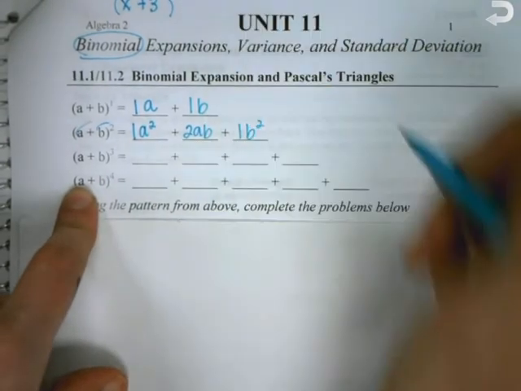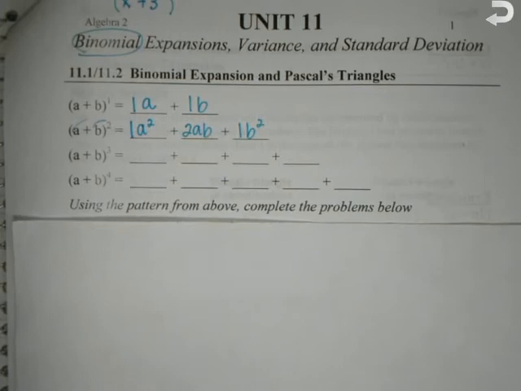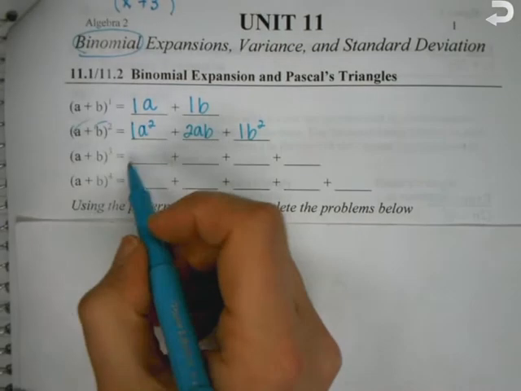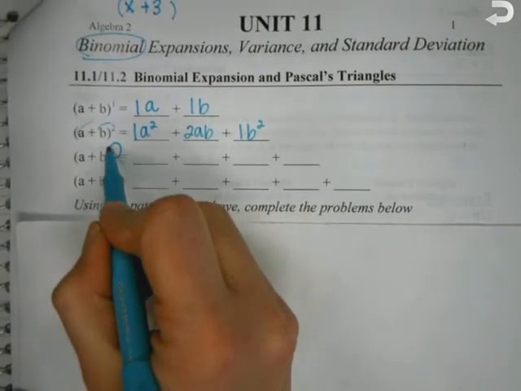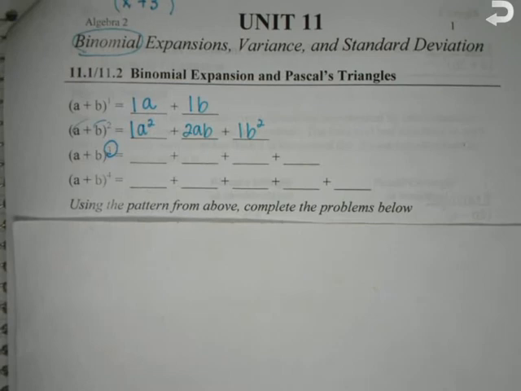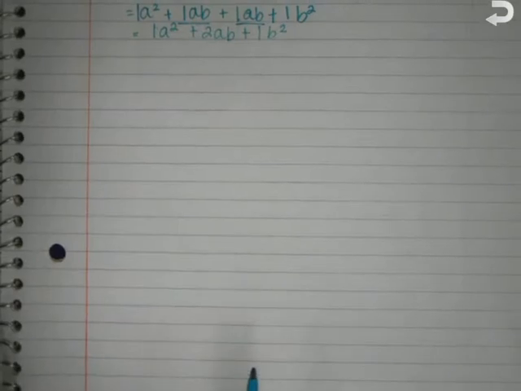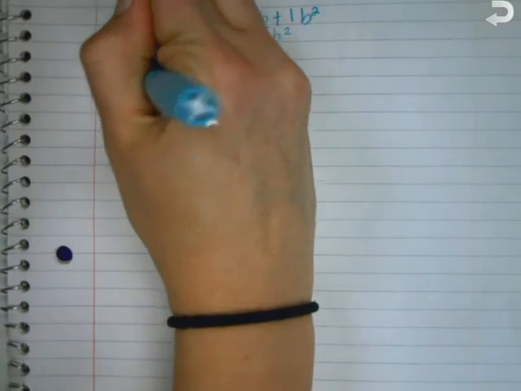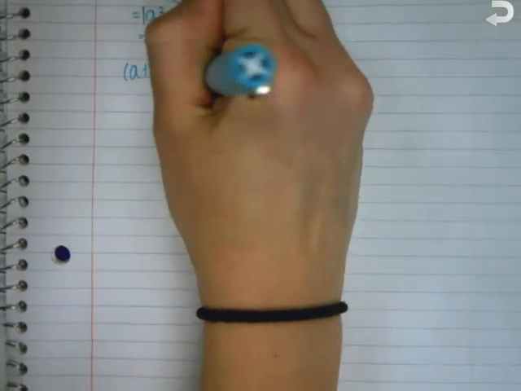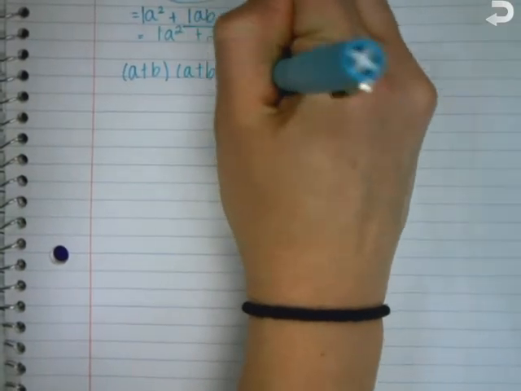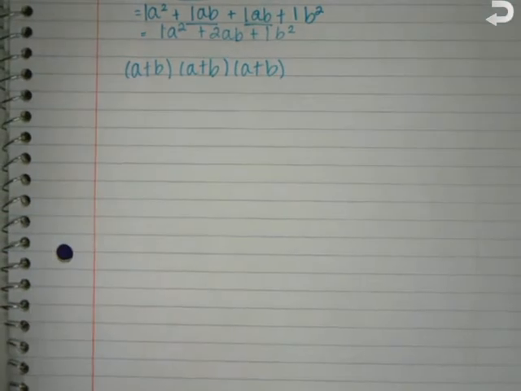Okay. Now I want to know what is a plus b to the third. I already know a plus b to the third is a plus b times a plus b times a plus b, right? Do I already know what this part is? Yeah. We already did it, right?